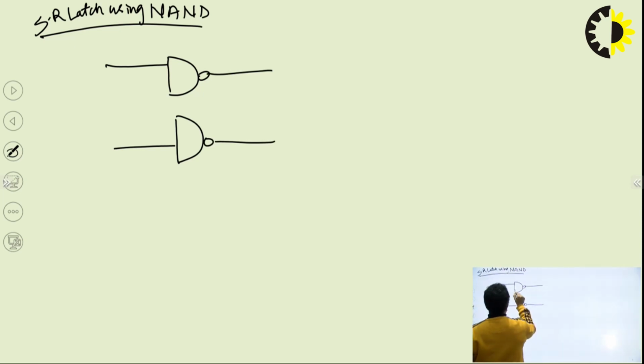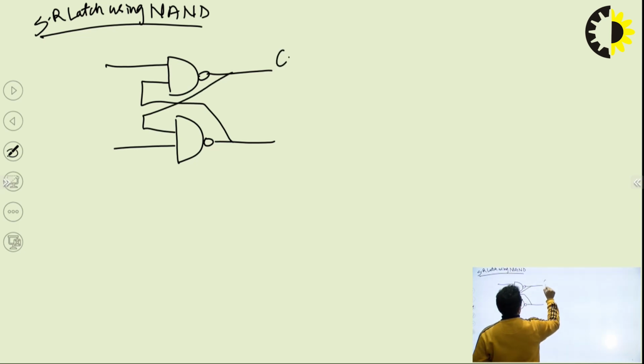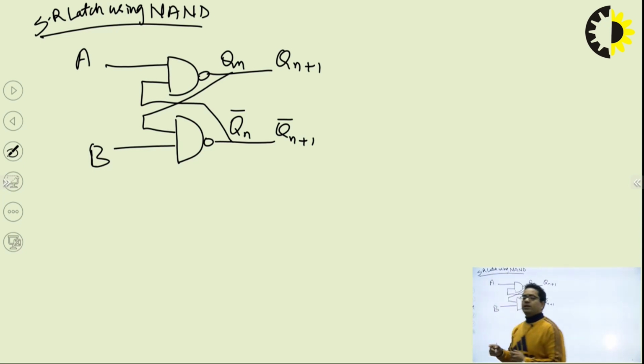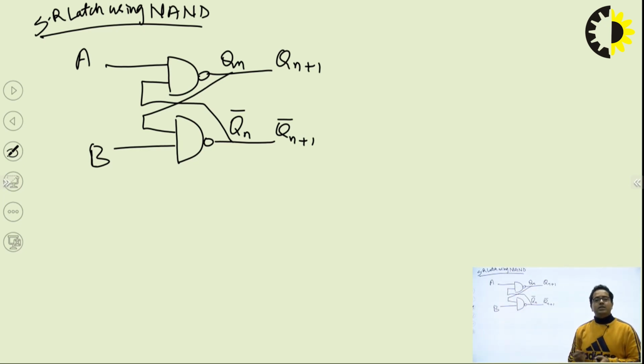So this is something like this, and it is Qn plus 1, Qn plus 1 complement. This is Qn and this is Qn complement. And again we are going to assign the names A and B. Based upon the truth table, we will conclude whether it is a reset or a set.